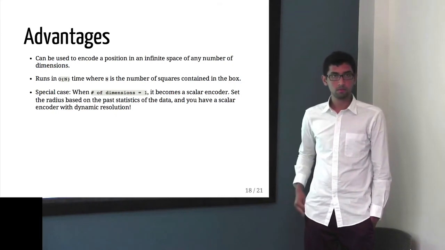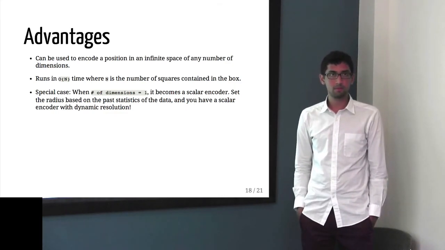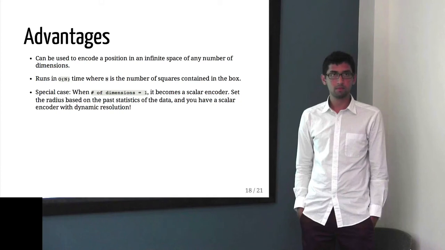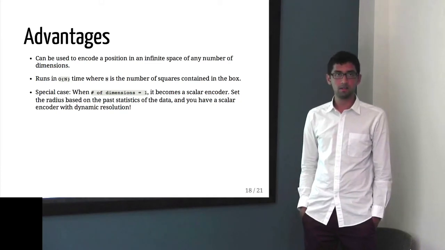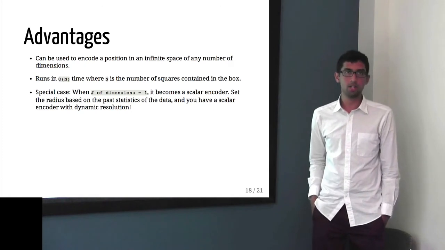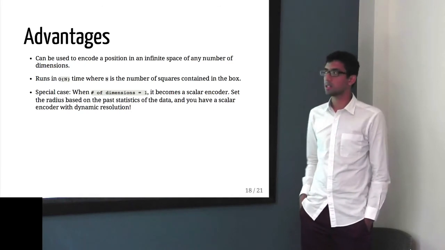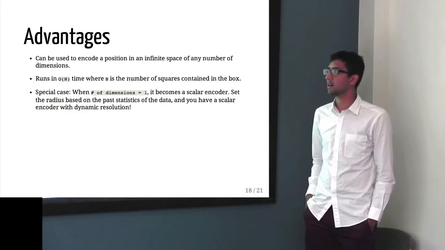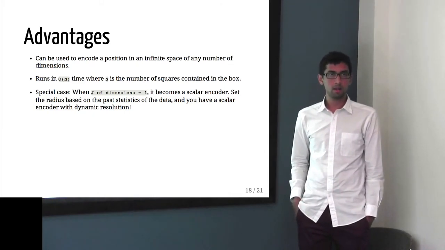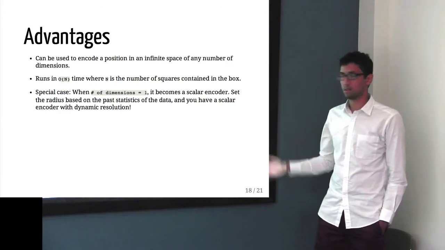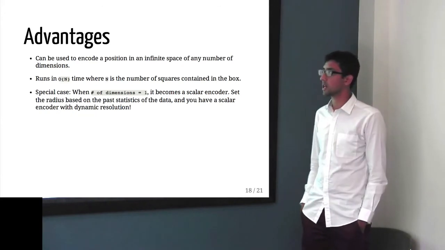Dynamic resolution means that as the speed of variation within the scalar value changes as it streams in, the resolution of the encoder also changes. So it's kind of like a generalization of the scalar encoder idea, and it's best applied to the geospatial case.